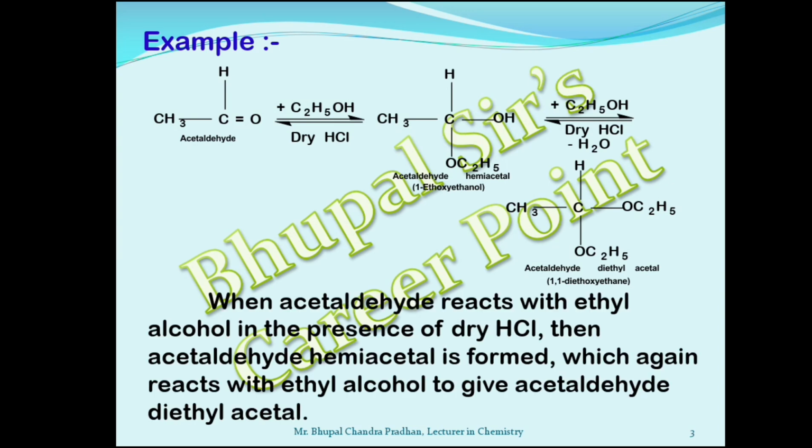So in the equation statement part we have to write down, when acetaldehyde reacts with ethyl alcohol in the presence of dry HCl, then acetaldehyde hemiacetal is formed, which again reacts with ethyl alcohol to give acetaldehyde diethyl acetal.